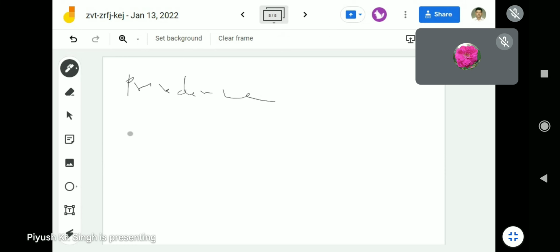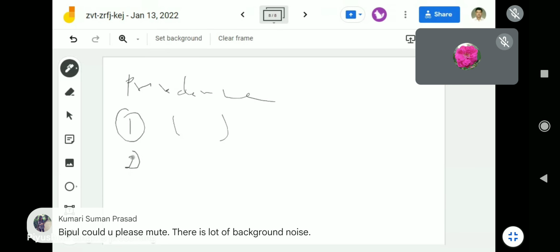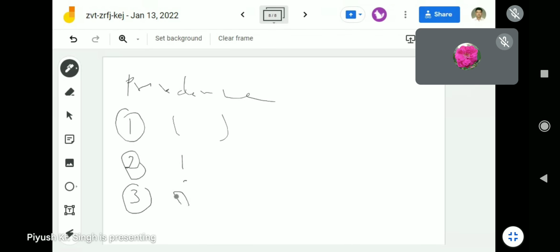The first one is the parenthesis bracket. Then there will be not, then there will be and, then there will be or.